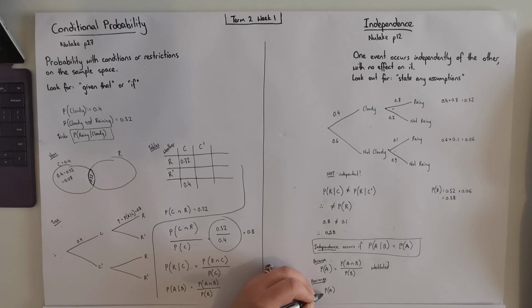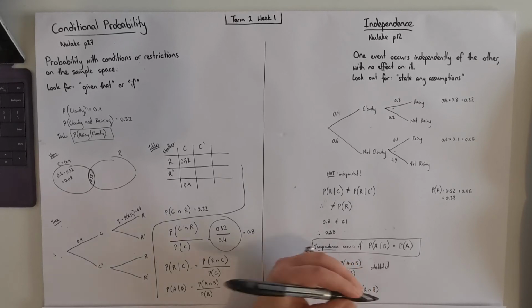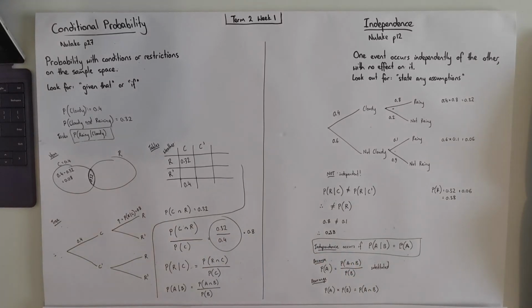Probability of A still on my left-hand side, but now I'm multiplying out my probability of B. That leaves me on the right-hand side with the intersection of A and B. This is what we can use to state whether something is independent or not.